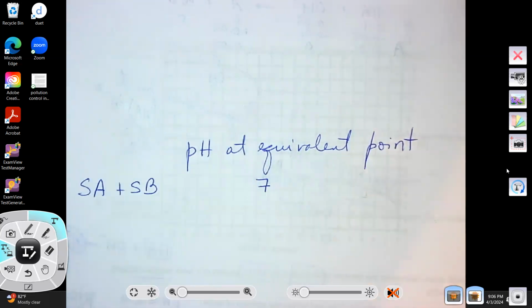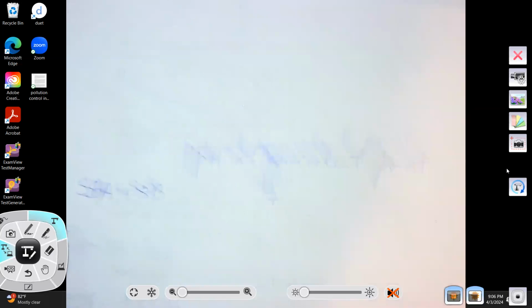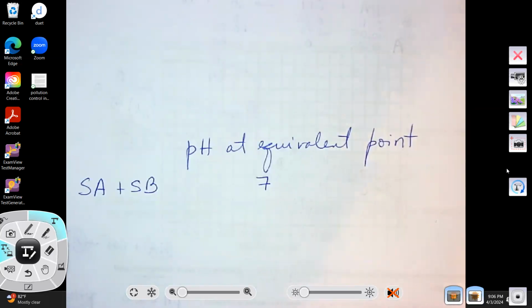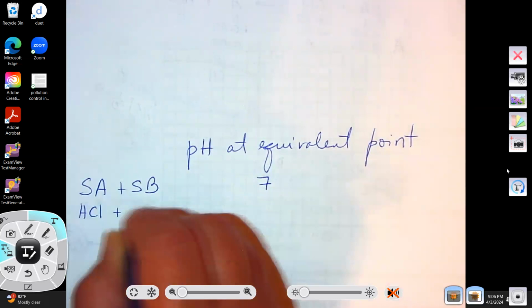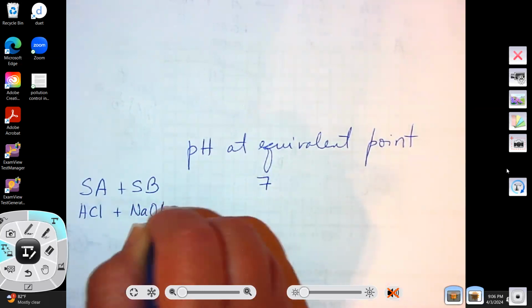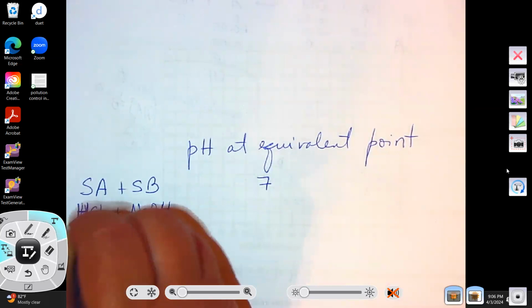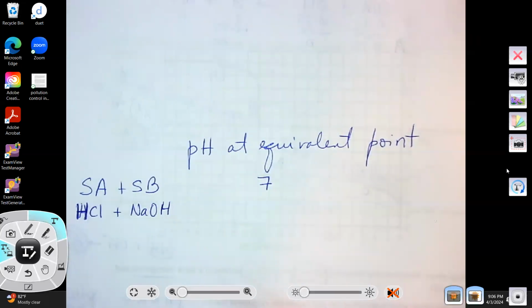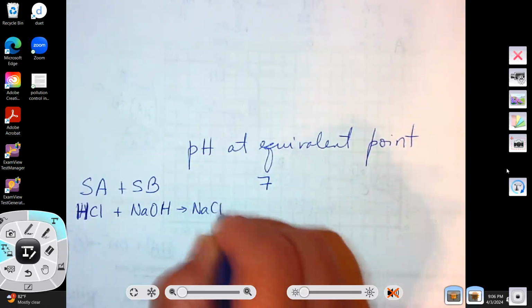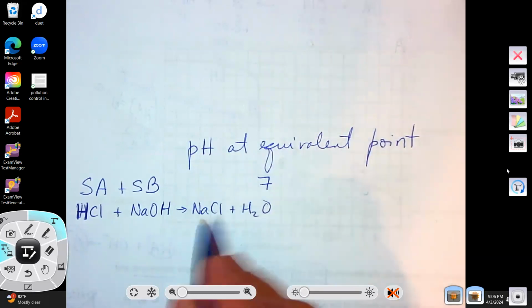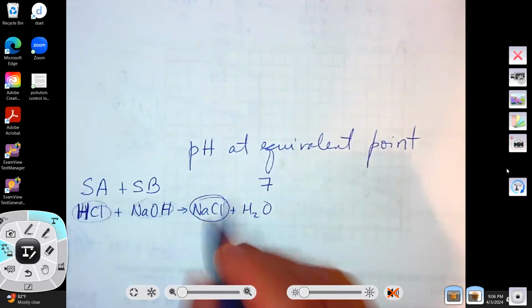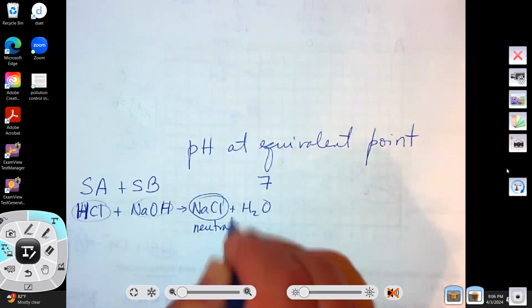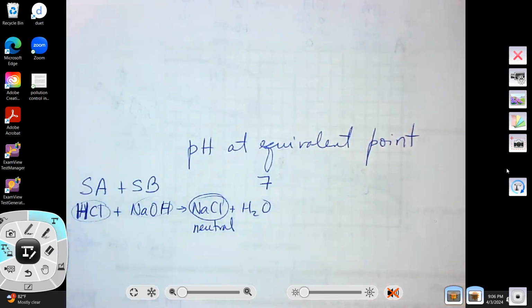The reason is that when the two of them neutralize each other, you're making what is called a neutral salt. For example, hydrochloric acid, HCl, reacting with sodium hydroxide forms sodium chloride plus water. Because sodium chloride is the salt that comes from a strong base and a strong acid, it is a neutral salt. It does not experience hydrolysis.